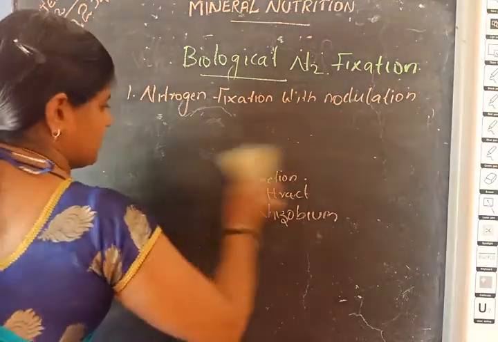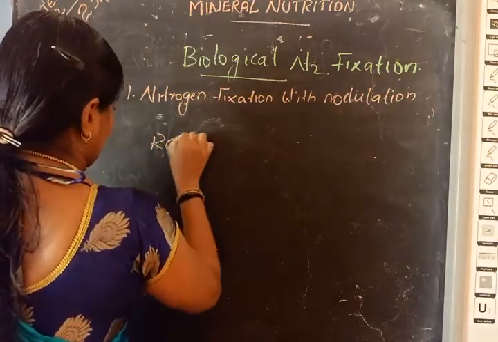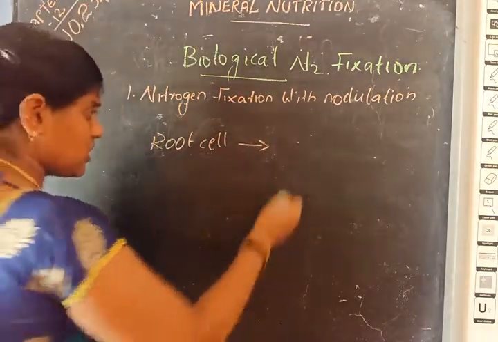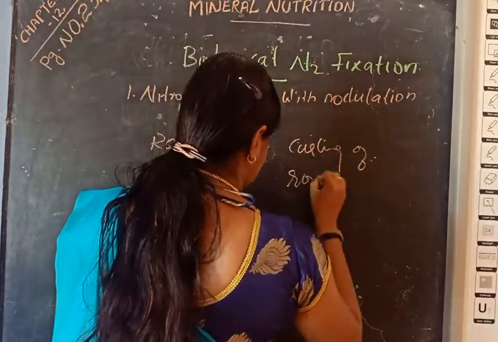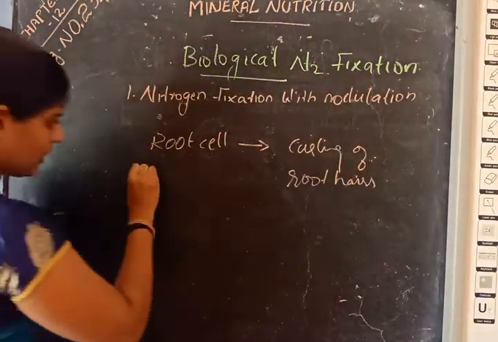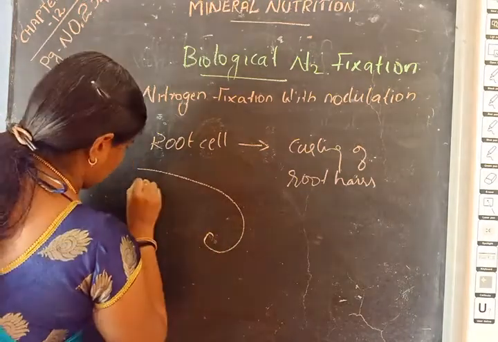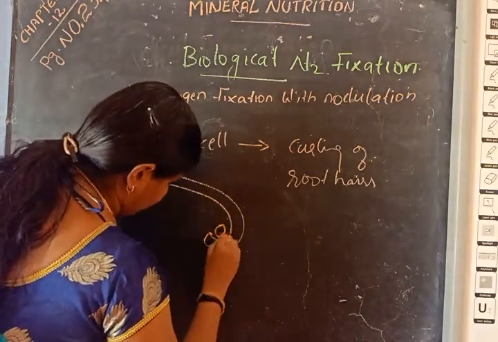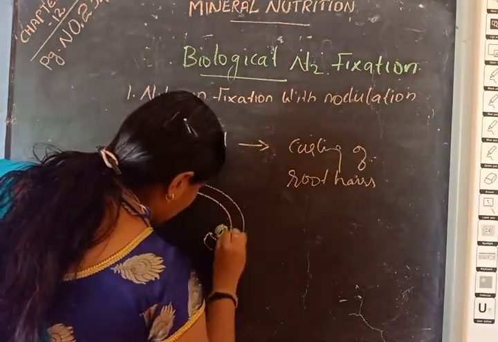Rhizobium affects the root cell and causes the curling of root hairs, due to the effect of this Rhizobium bacteria.